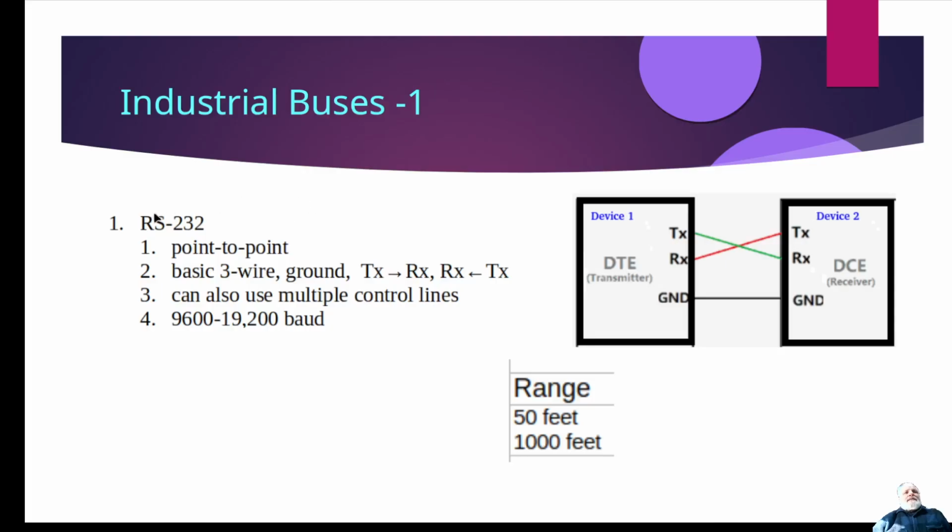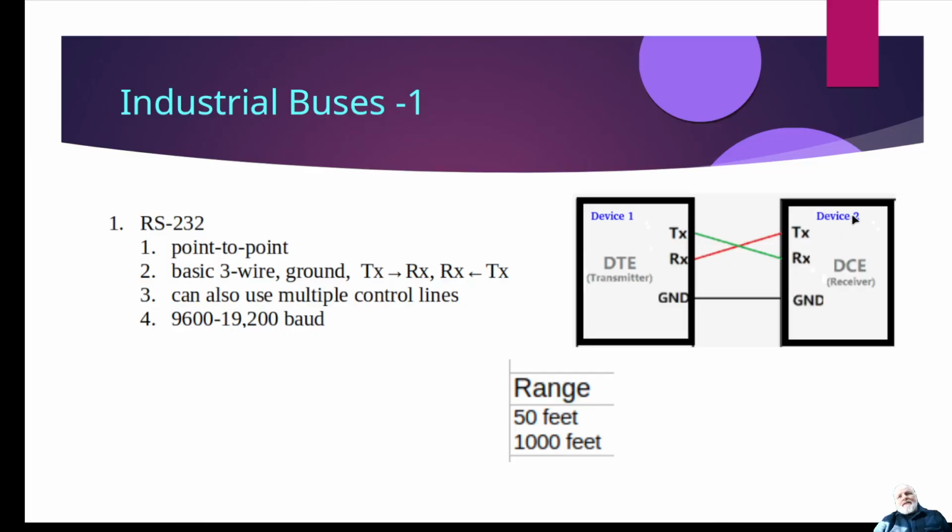Some other buses, probably the most common, which has been around, I don't know, since the 60s, if not before, is RS-232. This demonstrates what I talked about a little bit before with simplex and duplex. If you have your first device and it's transmitting, you need the transmit wire to connect to the receive pin on the other device.